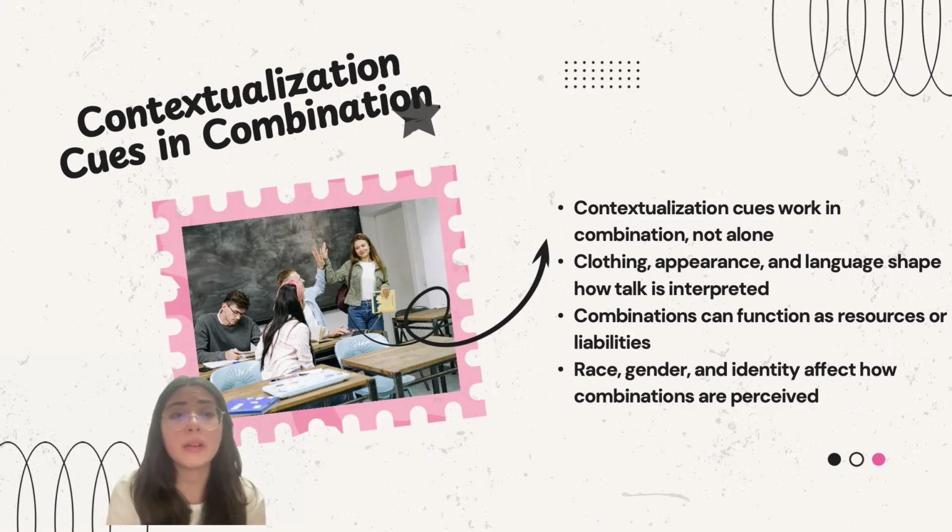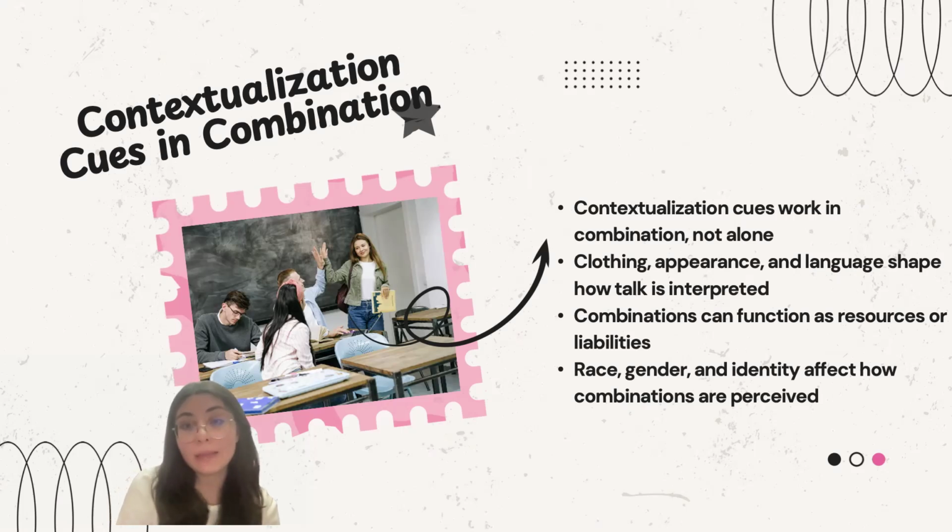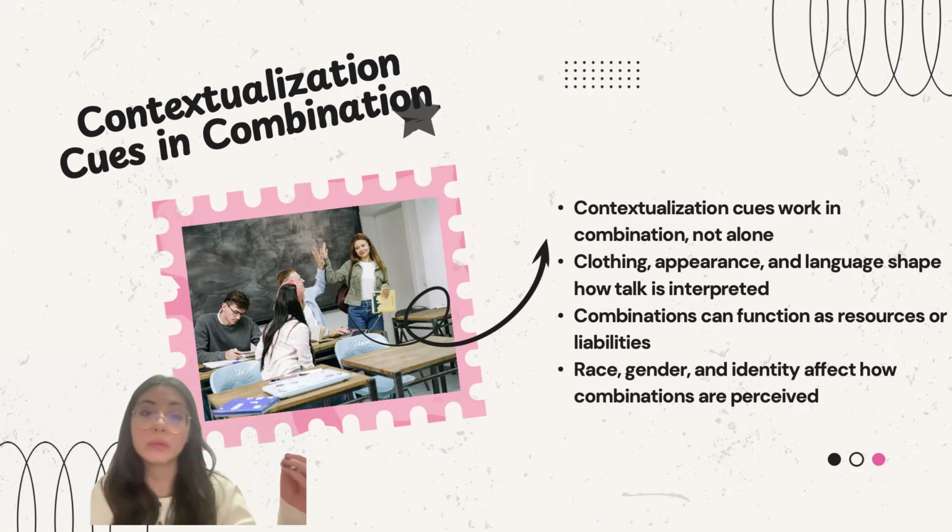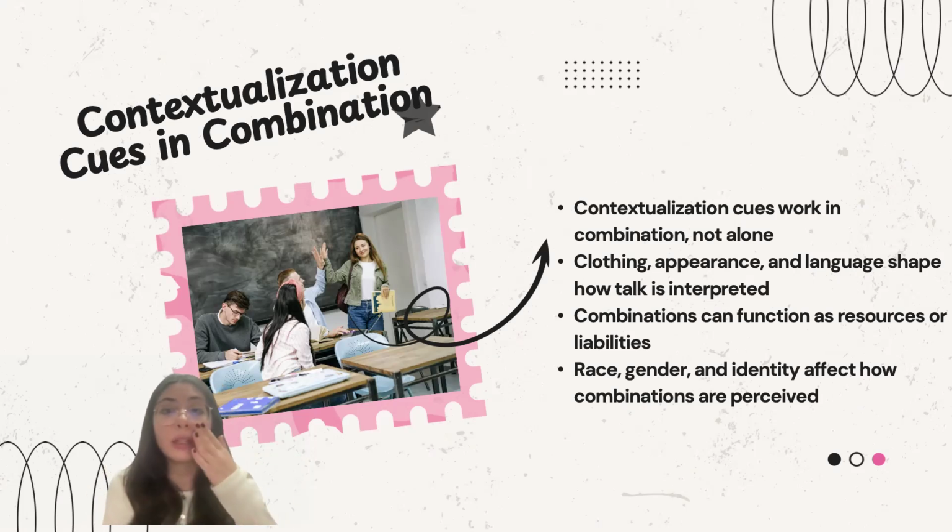Therefore, analyzing classroom interaction requires attention not only to what is said, but to how it is said, like how speakers present themselves and how these features combine to shape judgments about students and teachers.